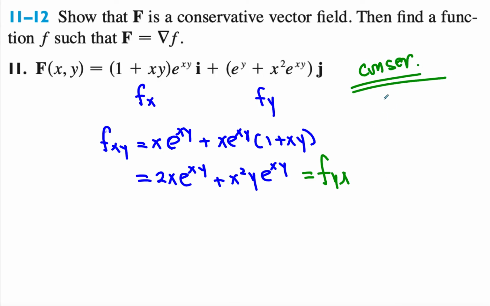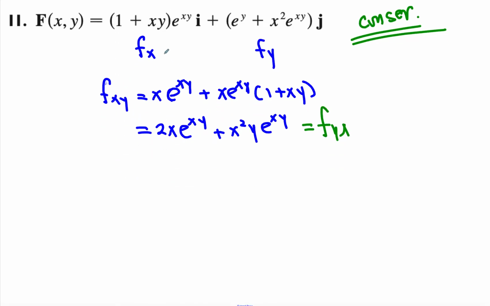Since it's a conservative vector field, let's try to find the potential function. If this one is the partial derivative against x, then I'm going to integrate this one against x: 1 plus xy times e to the xy dx.